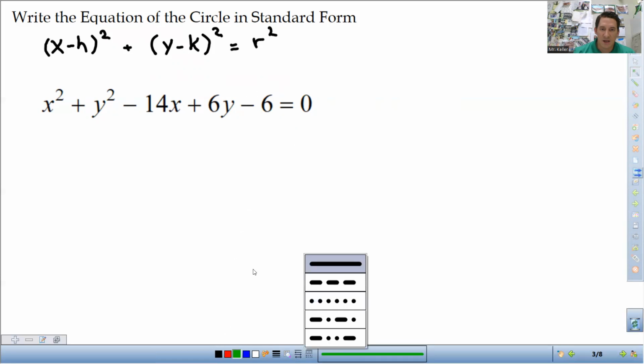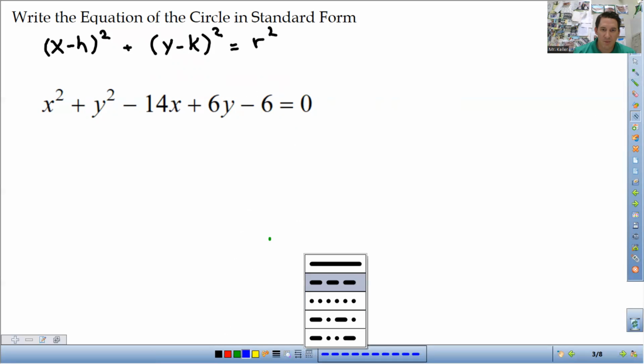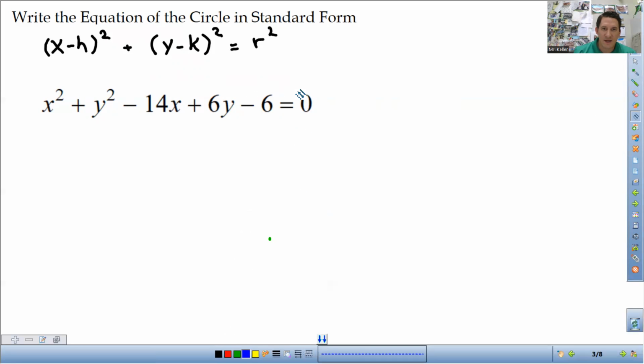I am going to add in a line of separation here to help us identify the two different sides of the equation. All right. And then after that, first thing I'm going to do is add 6. I'm going to move this 6 to the other side, so it will be eliminated from that side, and here will be a positive 6.